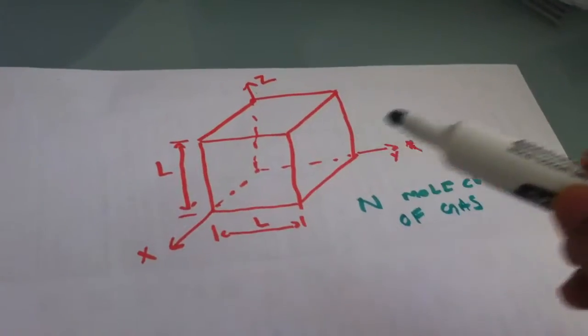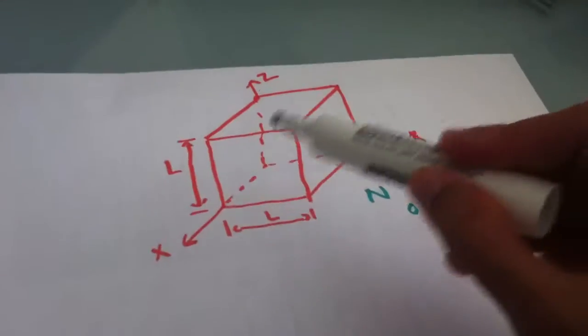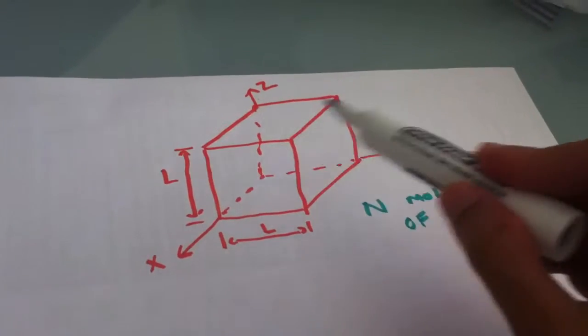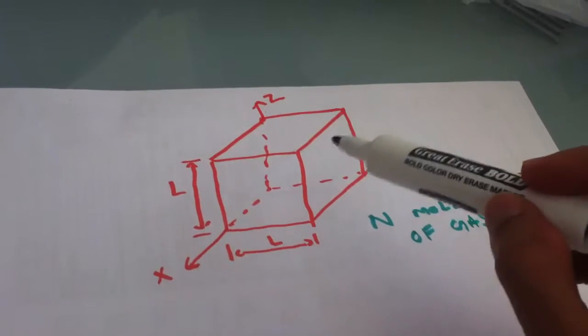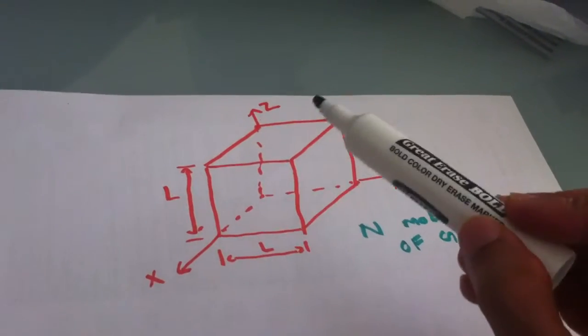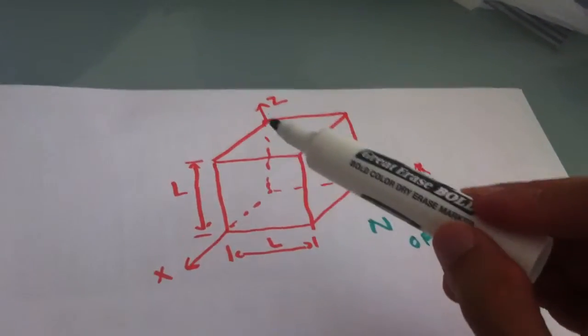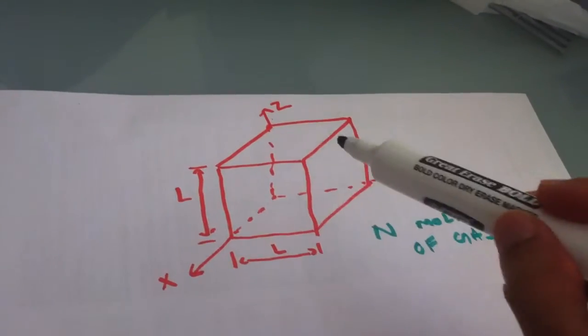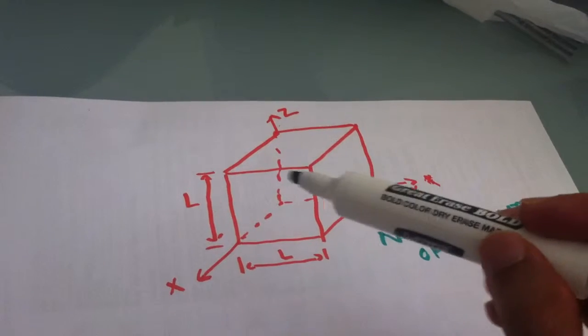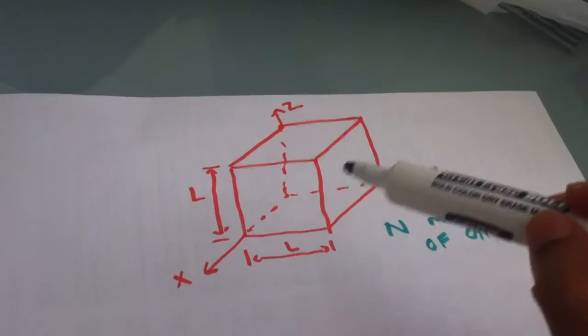Now these molecules are not still, they are randomly moving around in all possible directions. So they'll be hitting all faces of the cube. They don't really have a preference as to which face they are going to hit more than others. So on average, they would hit each face roughly the same number of times per second.